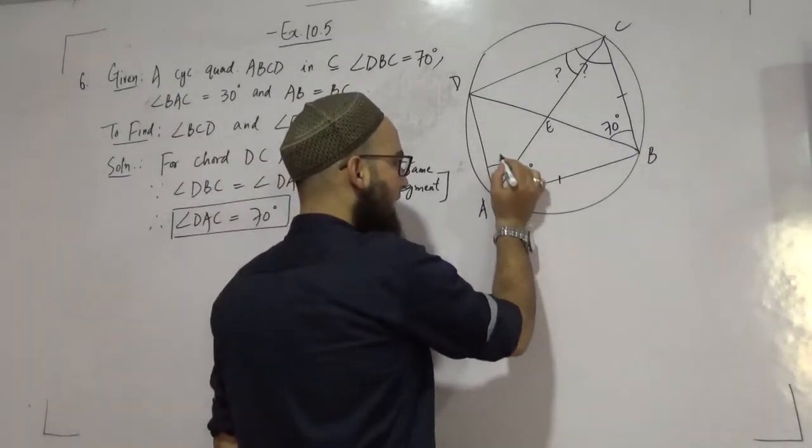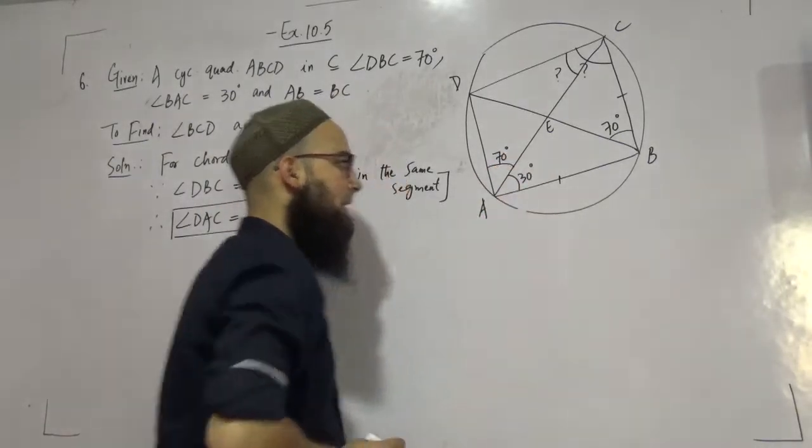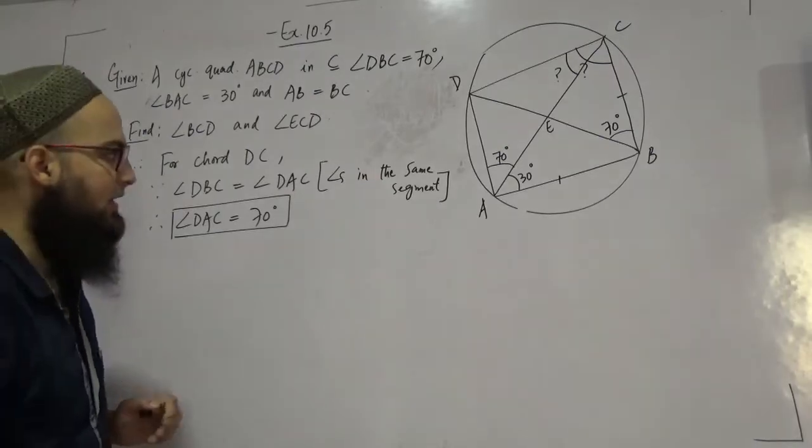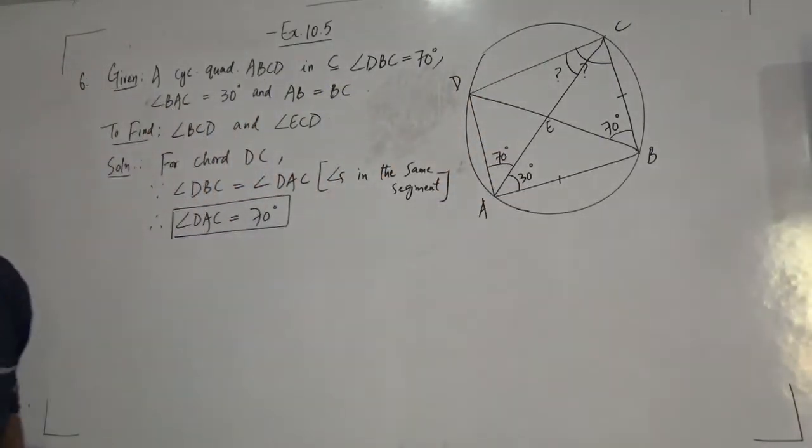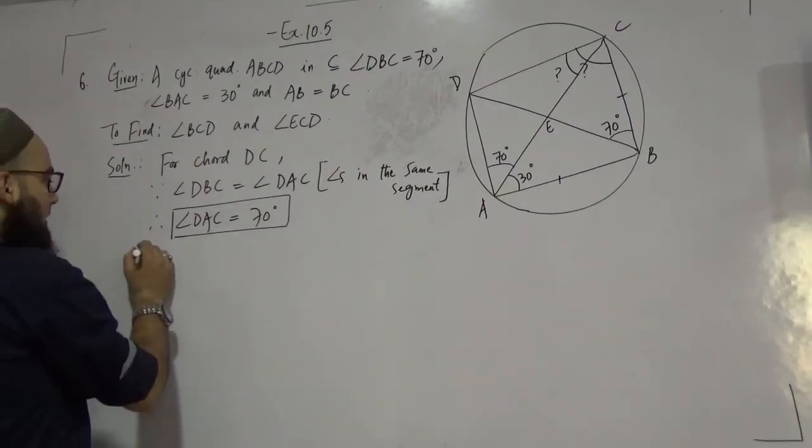Now you came to know that this is 70 degrees. Now ABCD is a cyclic quadrilateral, and opposite angles of a cyclic quadrilateral are supplementary.